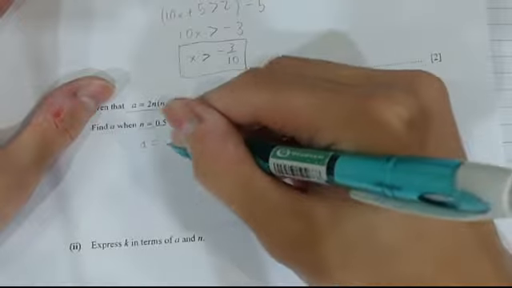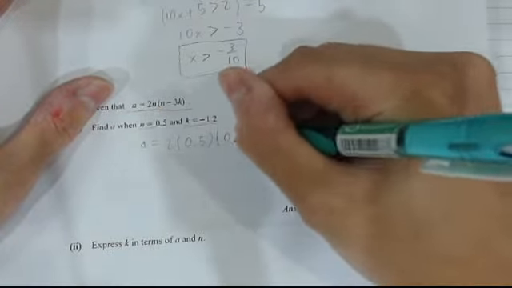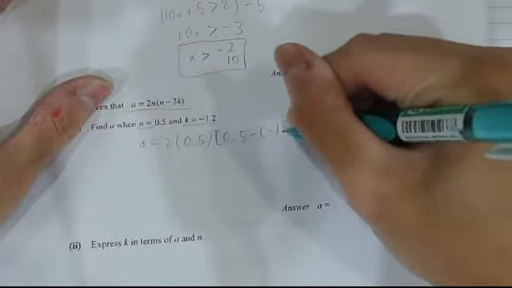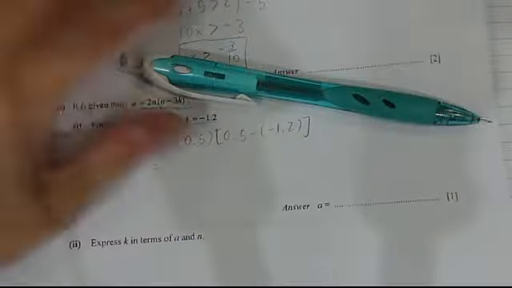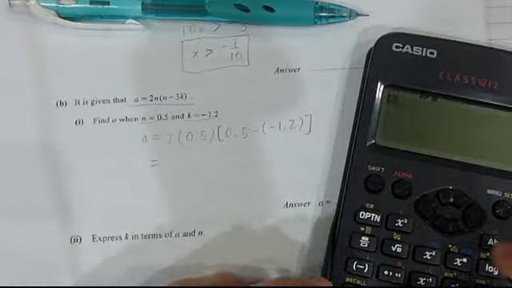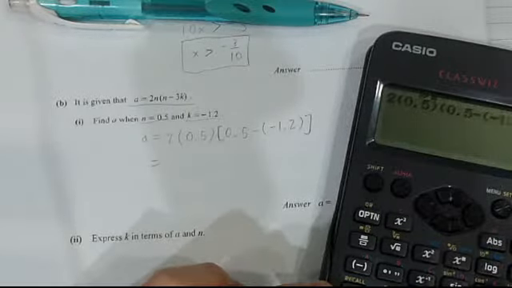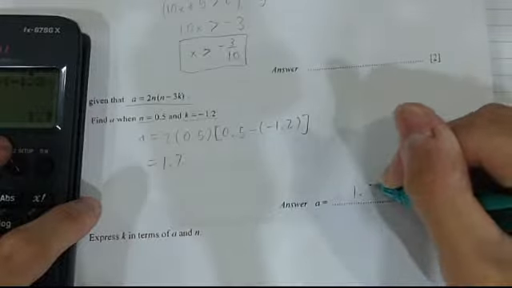A is equal to 3 times 0.5 times 0.5 minus, I forgot that k is negative, so we have to subtract a negative. We just plug this into our calculator and we get 1.7. Seems about right.